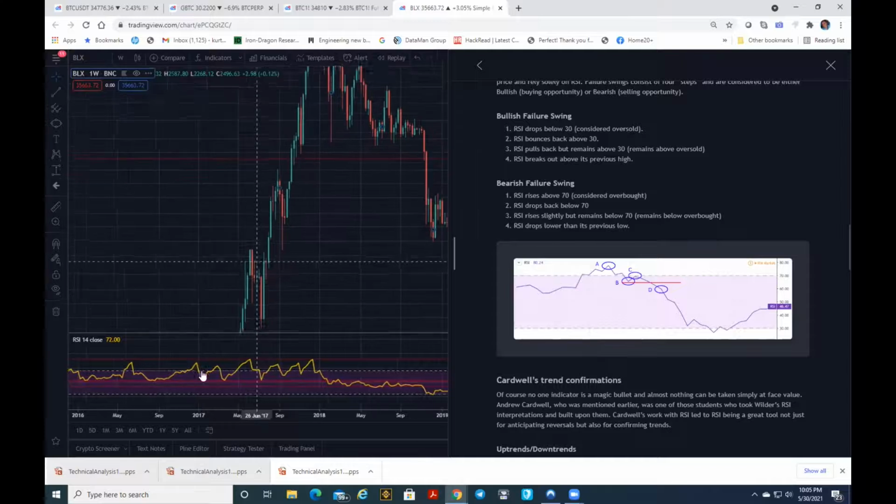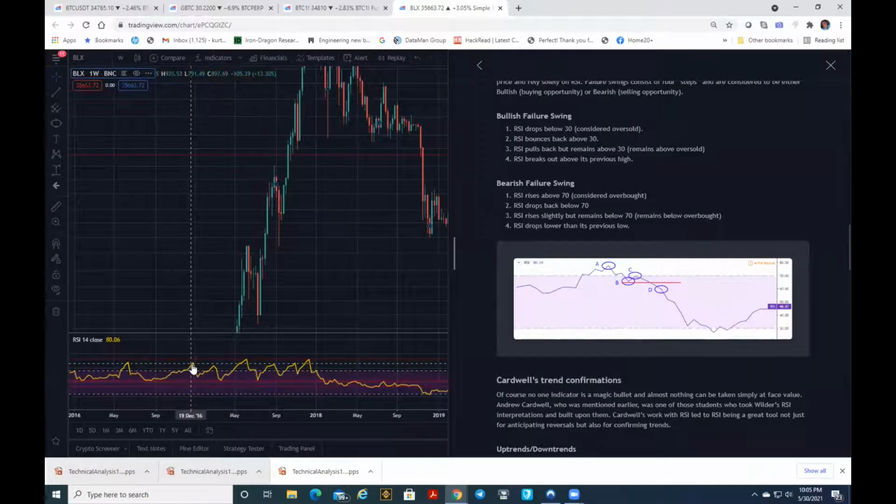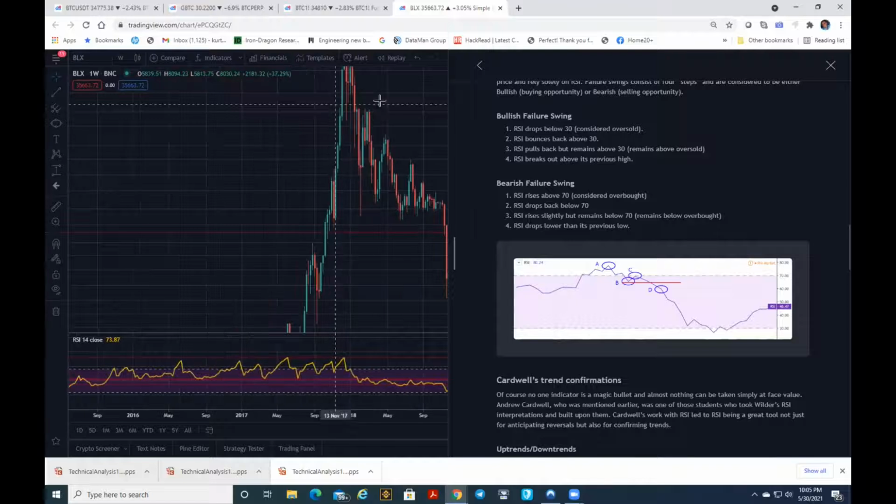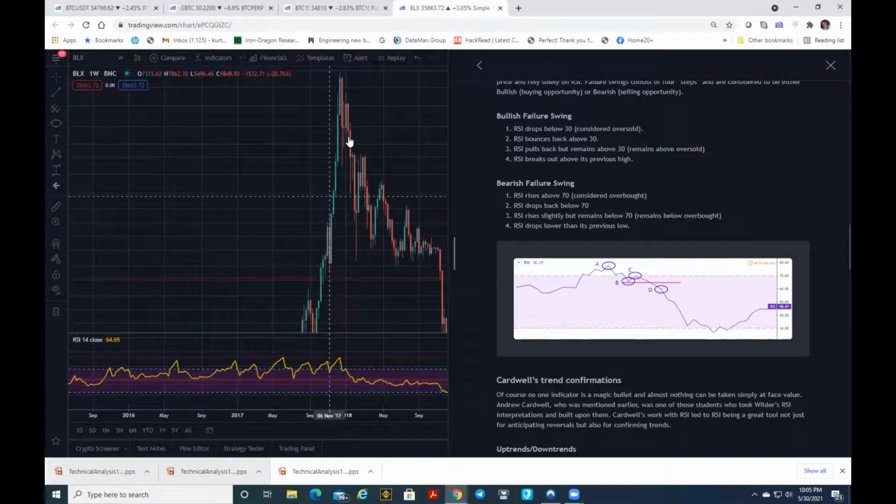The RSI dropped below the oversold region, came back up, dropped below the oversold region, came back up, dropped below the oversold region, came back up. And you see the price action, it never changed direction. The trend kept consistently going up, although the oversold region was broken every single time, generally indicating sometimes a trend reversal.